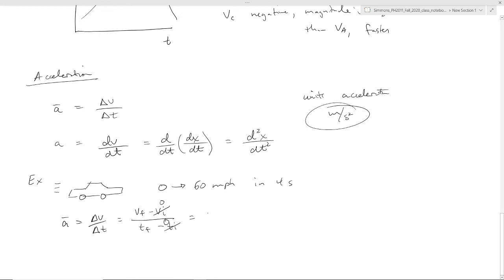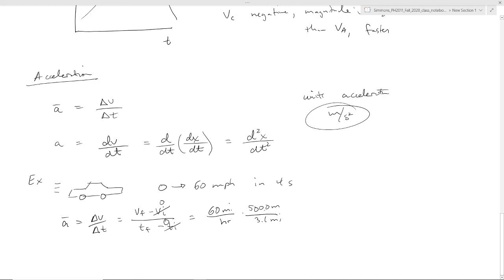So let's convert that. So 60, I'll write it like this just so it's more clear. Miles per hour. We need to convert this into meters per second. There are different conversion factors that you can use, but one that's handy to remember is that a 5,000 meter race is about 3.1 miles. So what you're doing here is multiplying 5,000 meters over 3.1 miles. This is a number that's equal to 1.